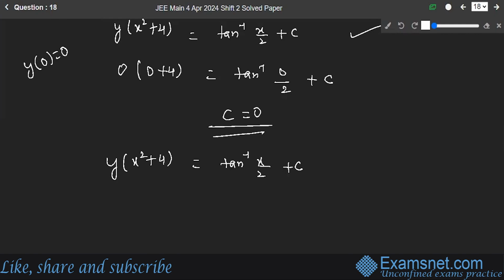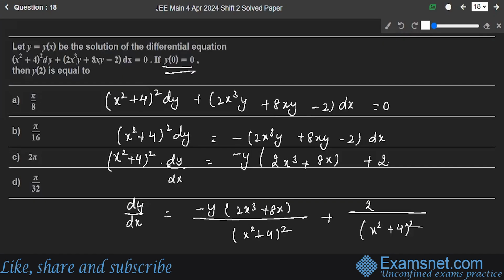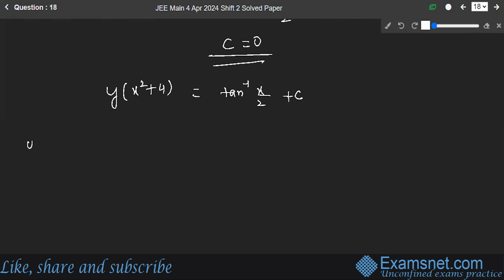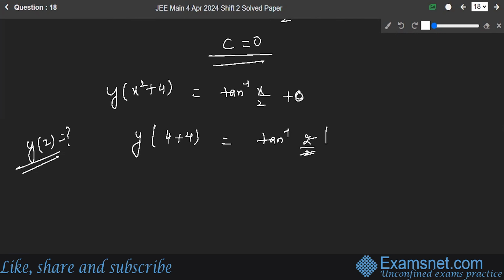Now, what you have to find out is y(2). That means the value of y at x is equal to 2. So let's find out. This is y into (2² + 4) is equal to tan⁻¹(2/2). Since c was 0, this will cancel.